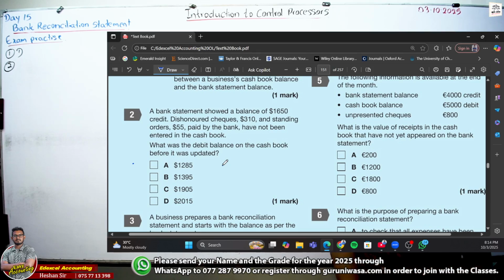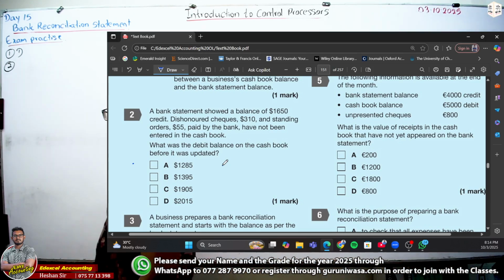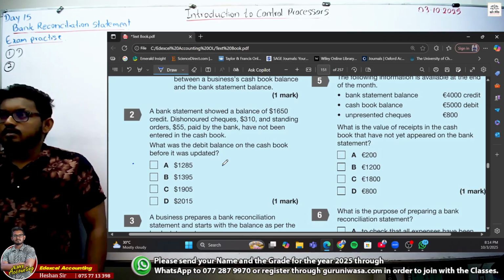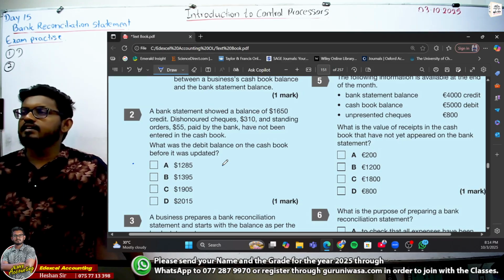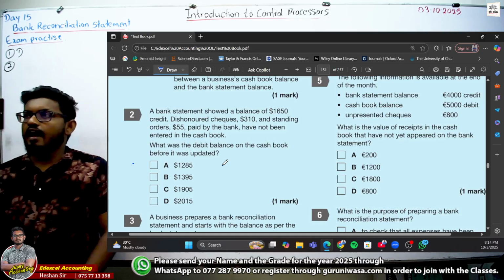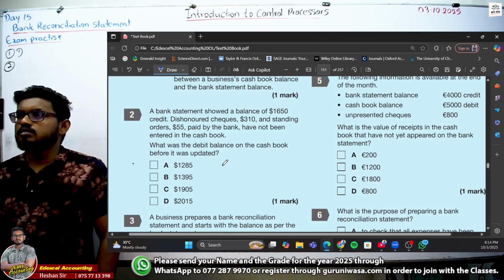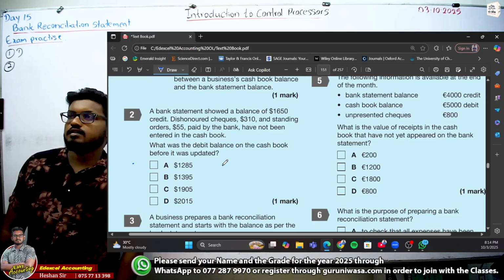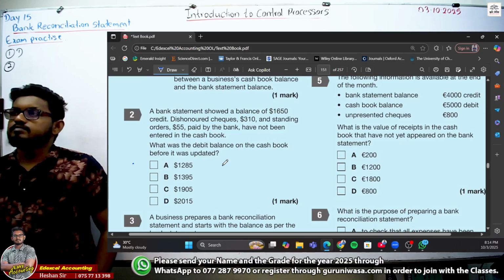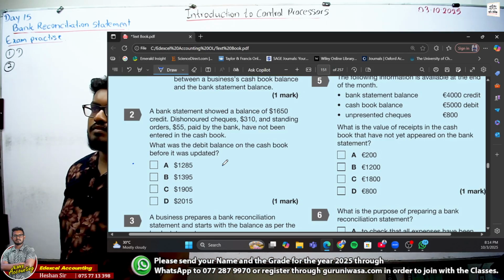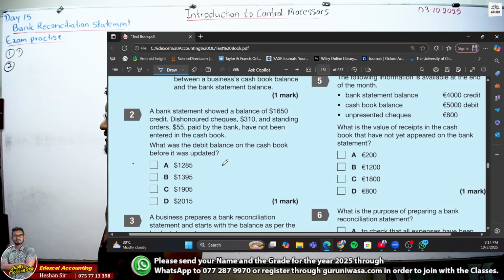A bank statement shows a balance of 1,650 credit. A dishonored check of 310 and a standing order of 50 paid by the bank have not been entered in the cash book. What is the debit balance of the cash book before it was updated? Before it was updated, right?